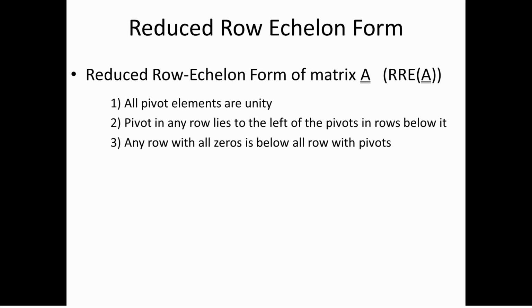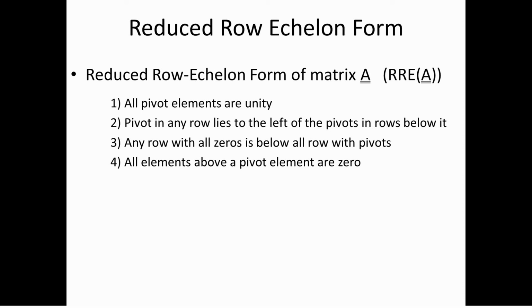It satisfies the first three conditions too. However, it has this fourth condition, which says that if we have a pivot, all of the elements above that pivot in that column also have to be 0. Okay?